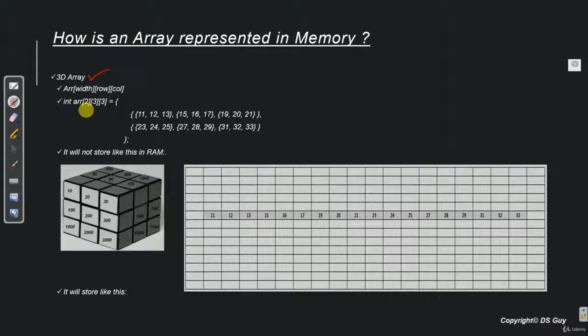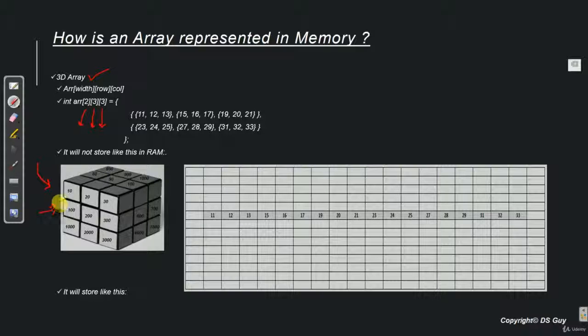So we have an array here which has depth 2, rows are 3 and columns are 3. Now remember from the previous video we said that a 3D array is nothing but multiple 2D arrays combined into one. So you might be thinking that this current array which is ARR233 will look something like this.